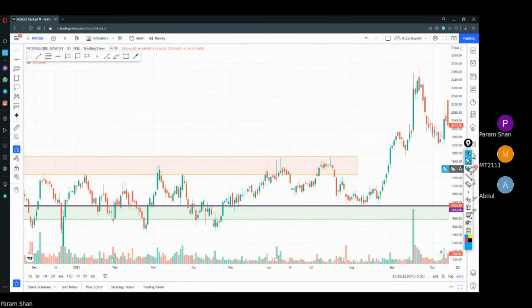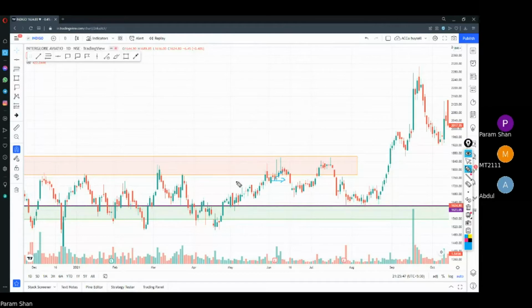So you can wait for that confirmation to happen. If the stock goes below this price, then you can confirm it is going to fall, or you can wait and move your stop loss within this zone based on your comfort. I can't tell you exactly where, but when it is really happening during market hours, you need to take a decision accordingly, right?